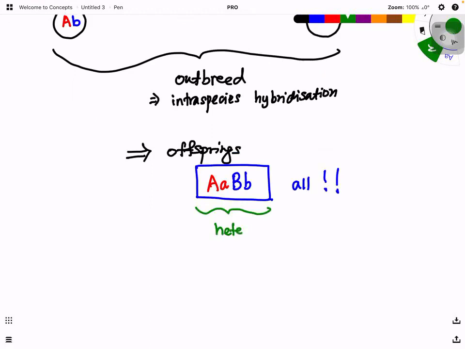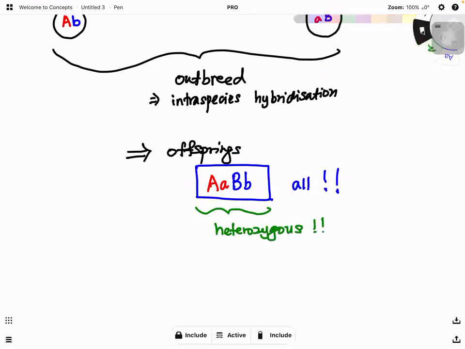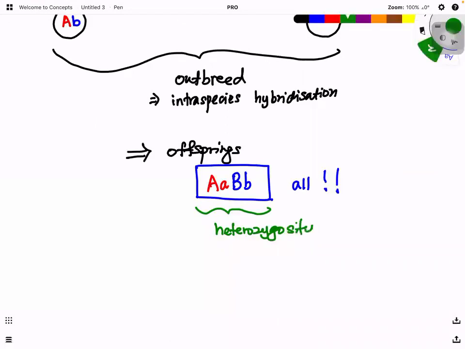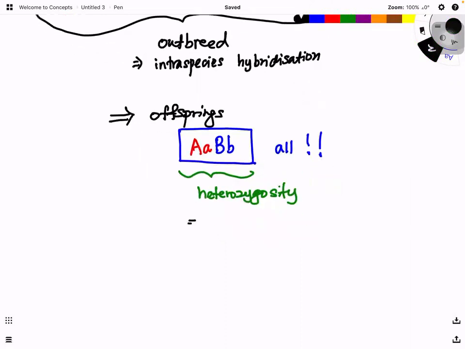Heterozygous. Can I say that outbreeding promotes heterozygosity? Okay, so what is the characteristic? Heterozygosity is better, right? Because why? Now you can see what the characteristic is. High yield. Big A allele gives us high yield. Big B allele gives us what? Big B allele gives us disease tolerance.